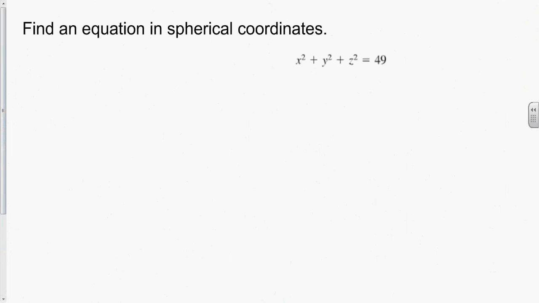One movement. Because x squared plus y squared plus z squared is equal to what? Rho squared, right? So you just end up with the equation is, that's it.